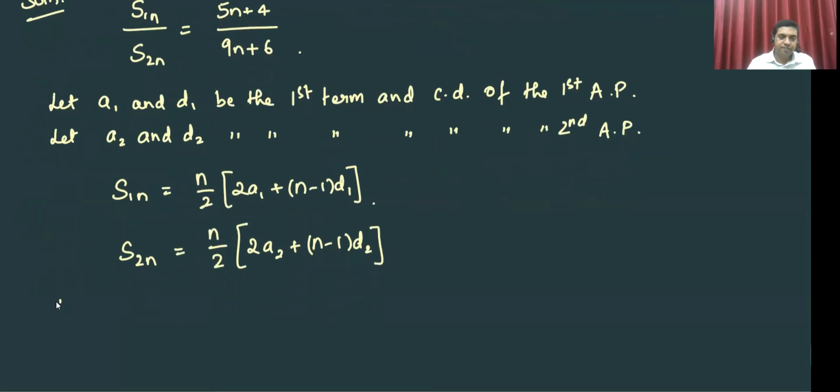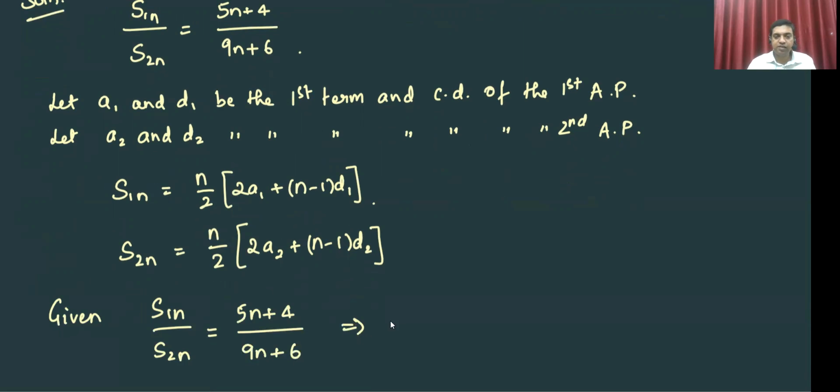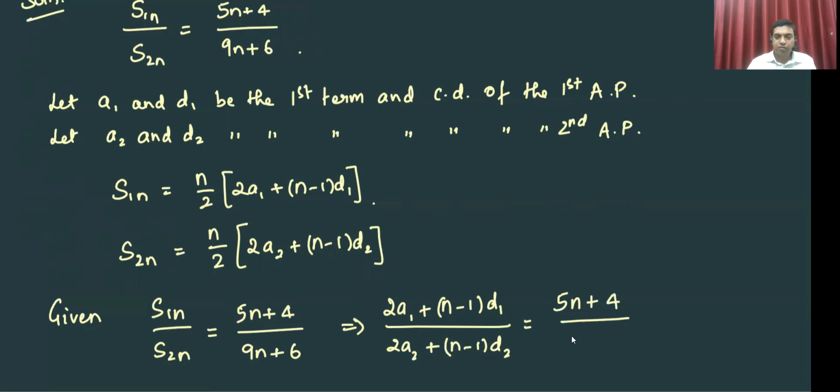Now given S1n by S2n is 5n plus 4 upon 9n plus 6, when you divide these two, you get 2a1 plus n minus 1 times d1 by 2a2 plus n minus 1 times d2 is equal to 5n plus 4 by 9n plus 6.